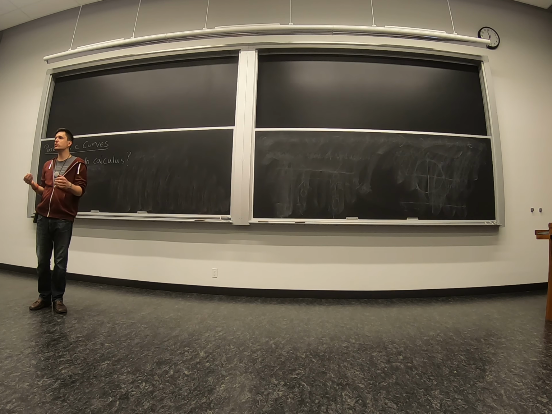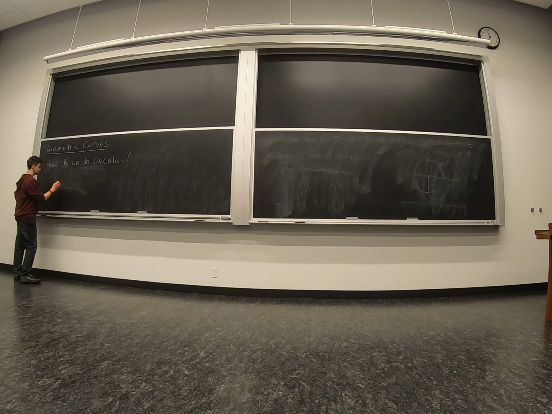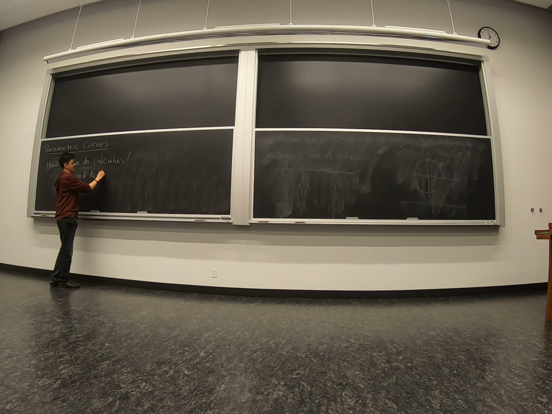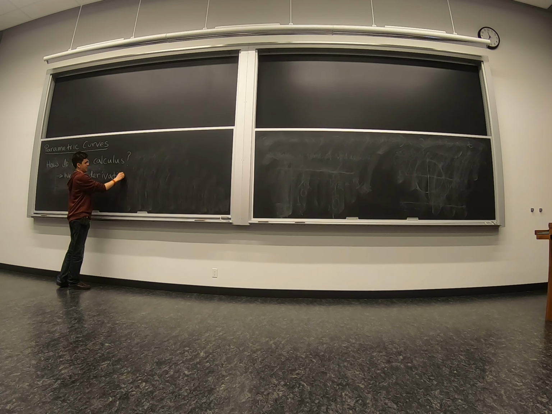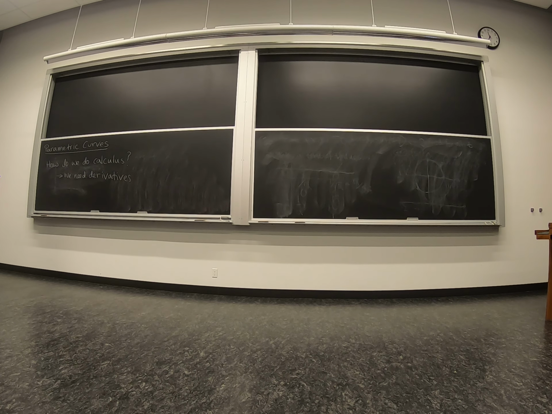Right? We want to be able to measure derivatives, rates of change, etc. So we need some notion of what the derivative of one of these parametric curves can be.